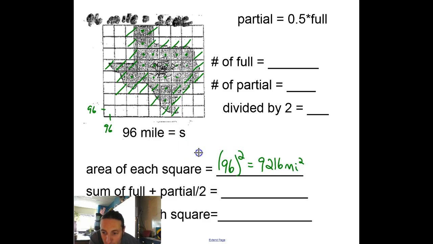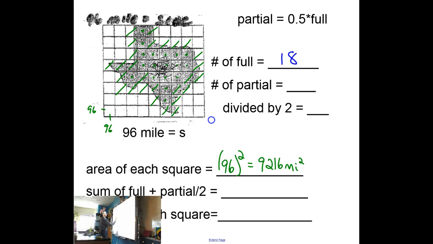All right, that's my bell, but I'm not going to worry. I'm just going to keep going and do my problem. So quickly, let's count the number of full boxes: 1, 2, 3, 4, 5, 6, 7, 8, 9, 10, 11, 12, 13, 14, 15, 16, 17, 18.